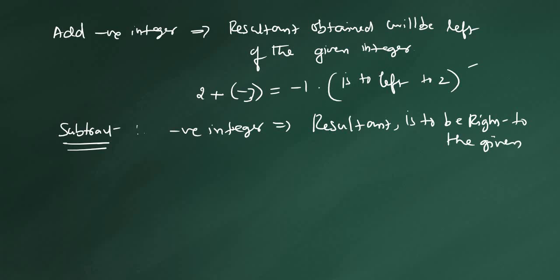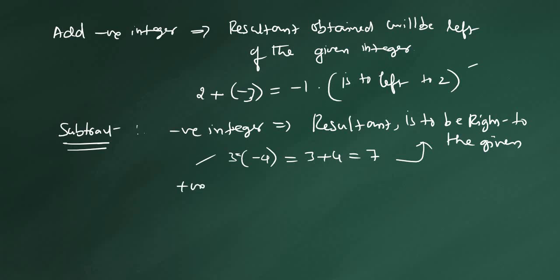We can prove that in this way: if you take 3 and subtract minus 4, then 3 plus 4 will come, that will become 7. That means 7 is on the right side of 3. Okay, that is one example.